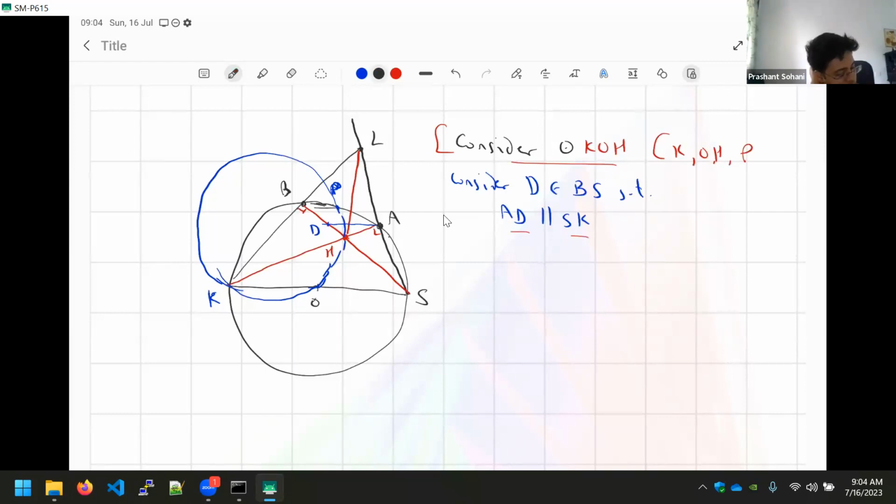So the first thing I would like us to figure out is, can we compute HD into HB in any way? I'll give you some time to think about this question. HD into HB. Is there some way to compute that value?